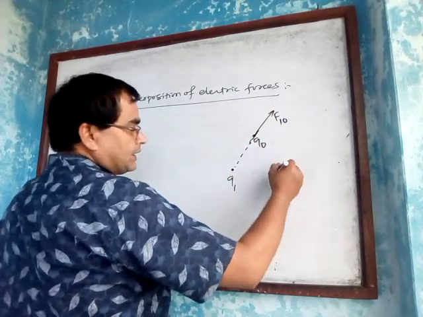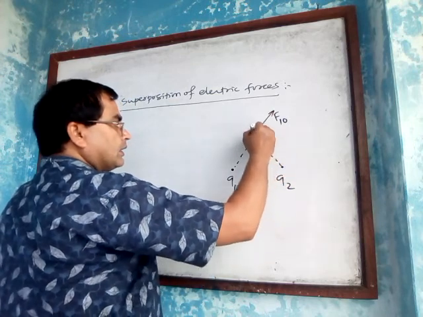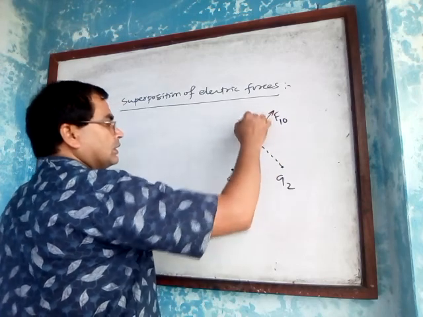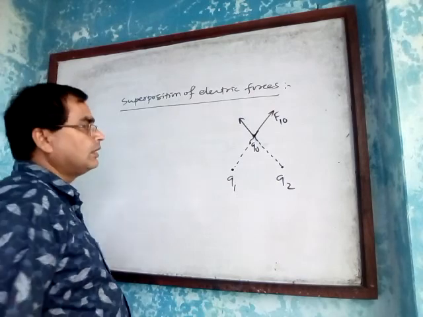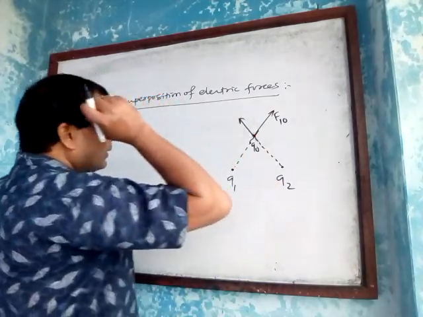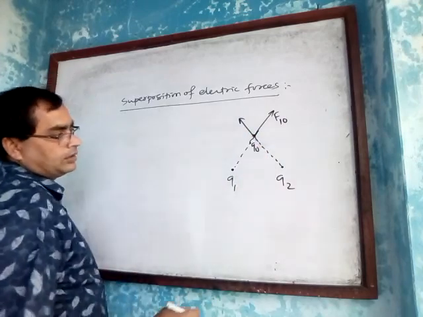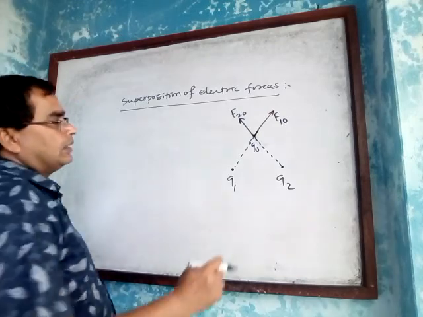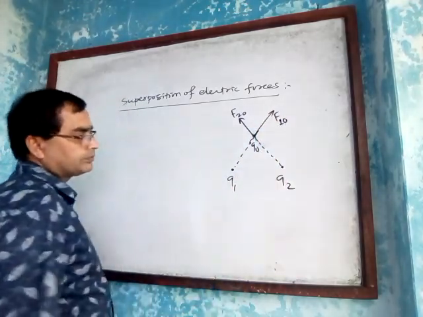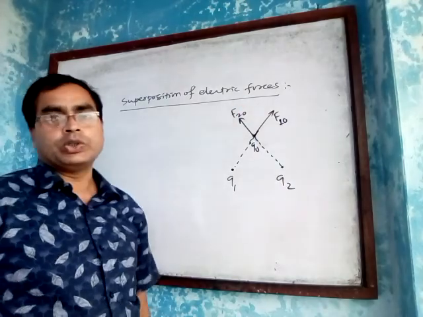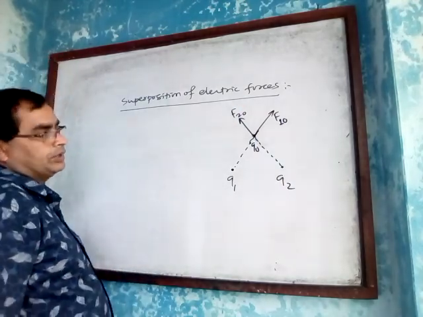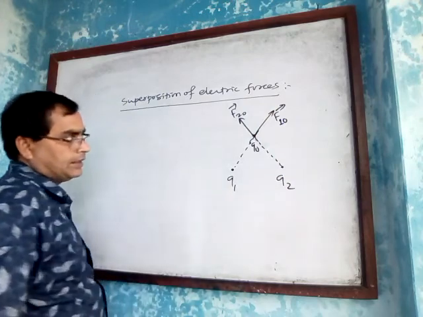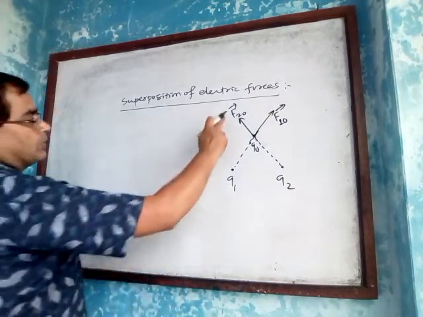Similarly, this charge also repels the charge Q naught along the line joining Q2 and Q naught, and this is the F20, or F2 naught, we can say, and this is the direction of this force.